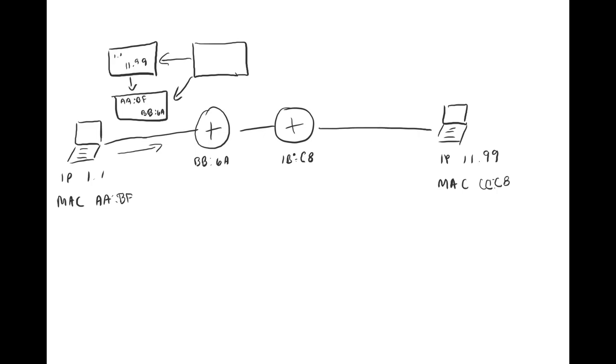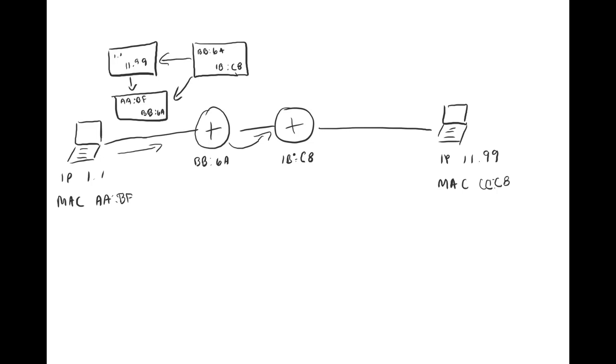All right, so the new frame is going to have BB6A for the source. The IP address at layer 3 is going to stay exactly the same. Destination is going to be 1BC8. All right, so this frame is going from this router to this router.